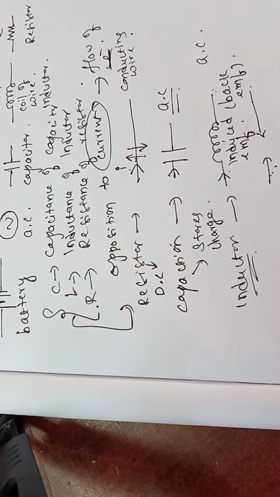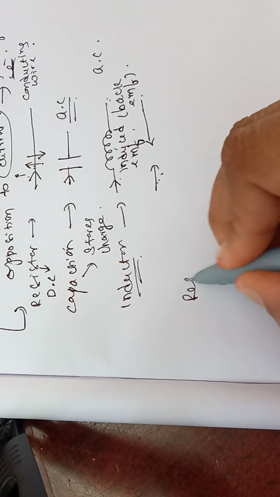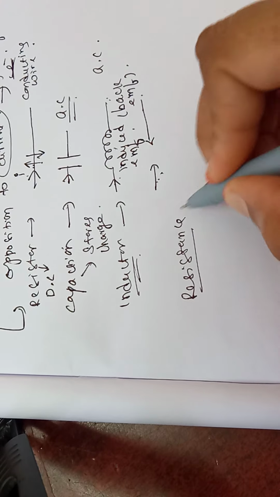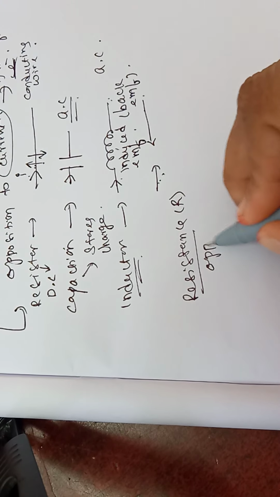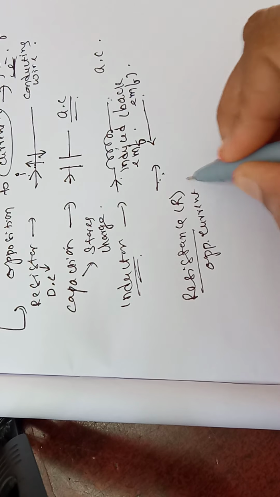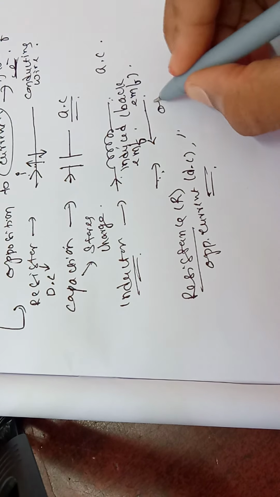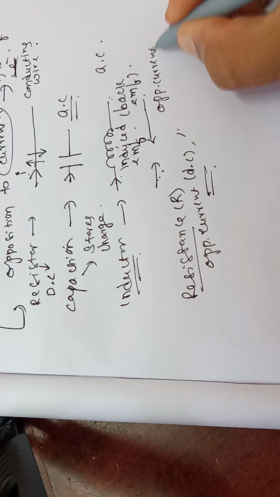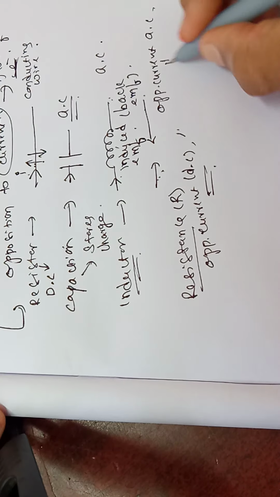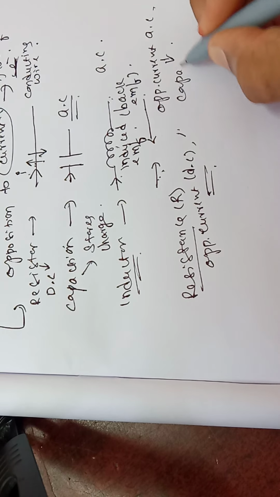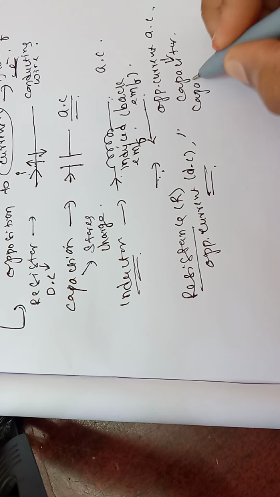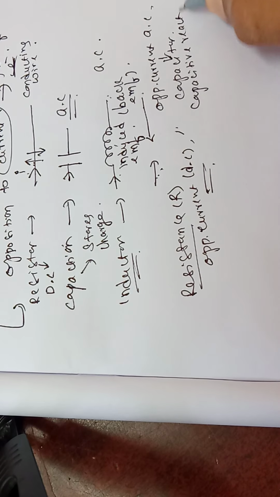So it opposes AC. The opposition created to the current in DC, we call resistance. Similarly, the opposition created to the current in AC by a capacitor, we call capacitive reactance.